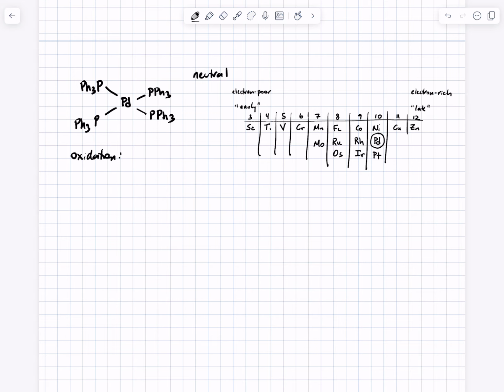If all the ligands are neutral and the complex is neutral, you can have no other conclusion than that this is palladium 0. That's actually a very common oxidation state for palladium. How many d electrons does this complex have based on its oxidation state and the number of valence electrons? 10, because 10 minus 0 is 10. Say it with confidence, it's true.